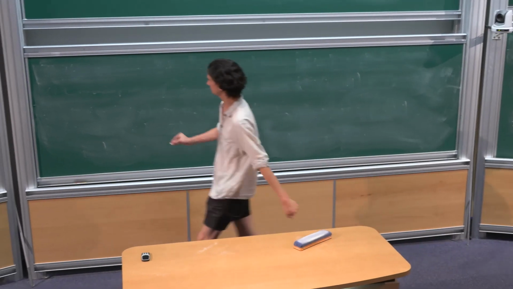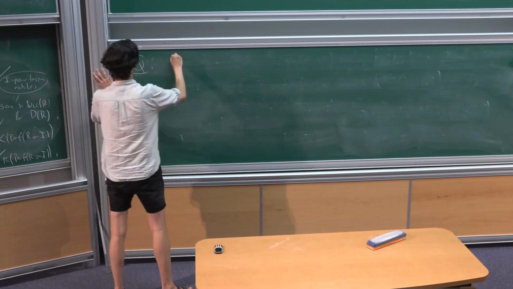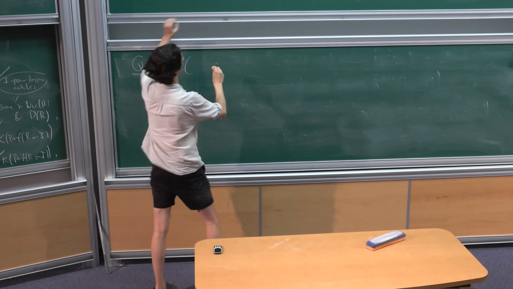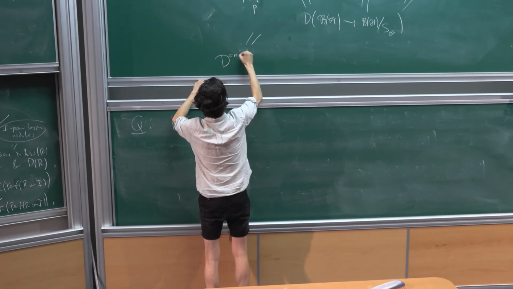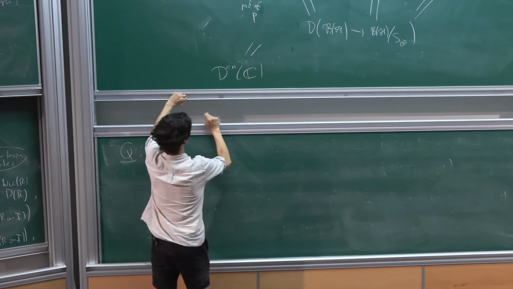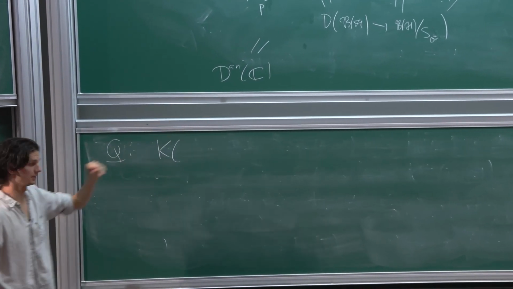So, big question. This deserves a name. I'll call this category some analytic version of the derived category of complex vector spaces.